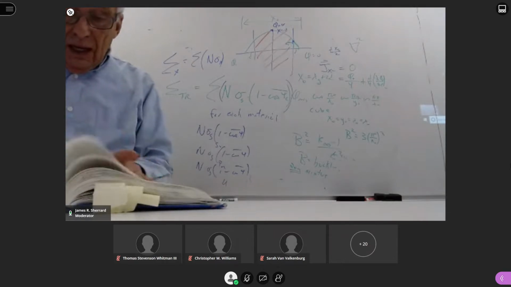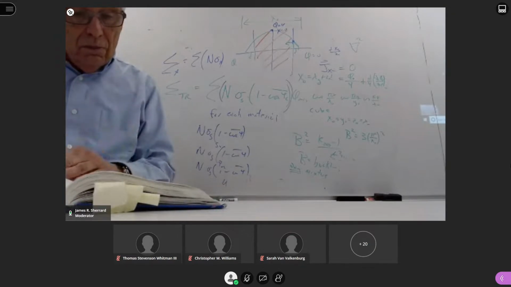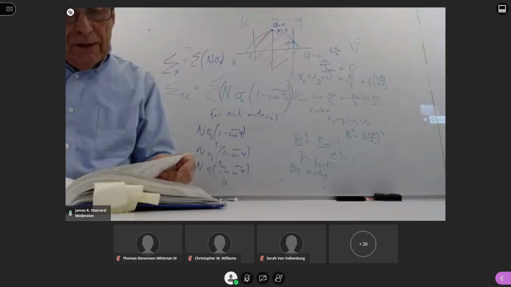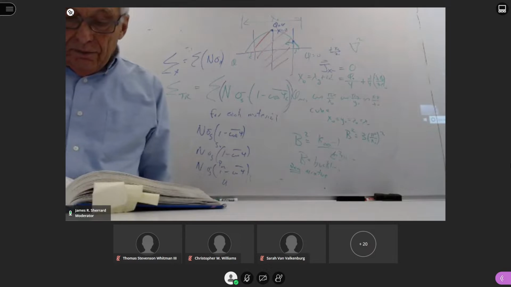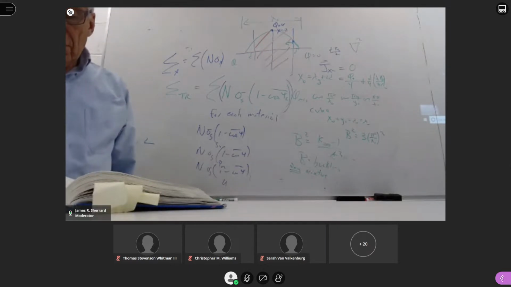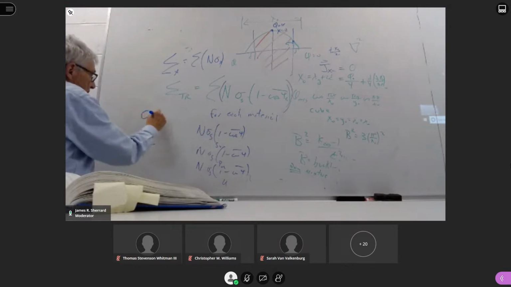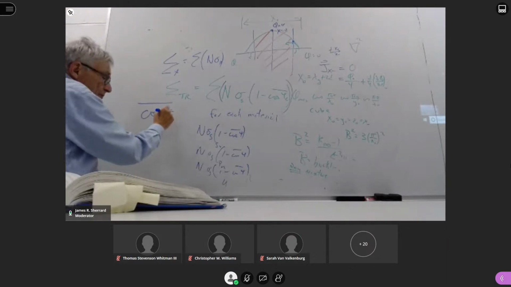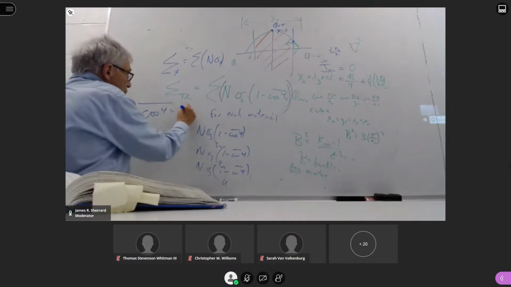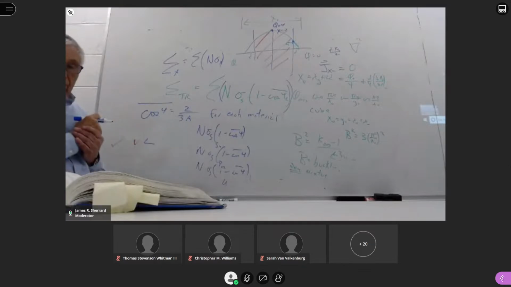And let me find it for you real quick. That was on page 237, the very last. And the average value for scattering is 2/3A, where A is a mass.